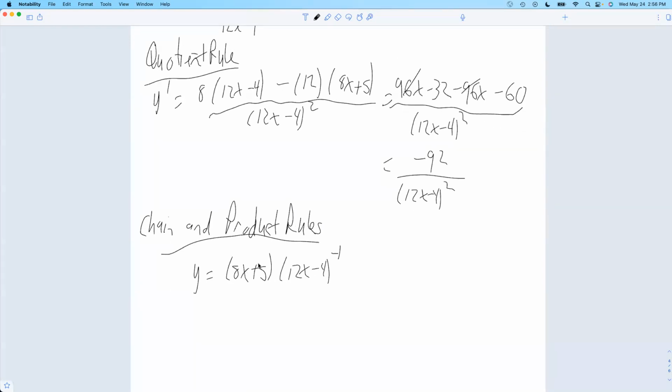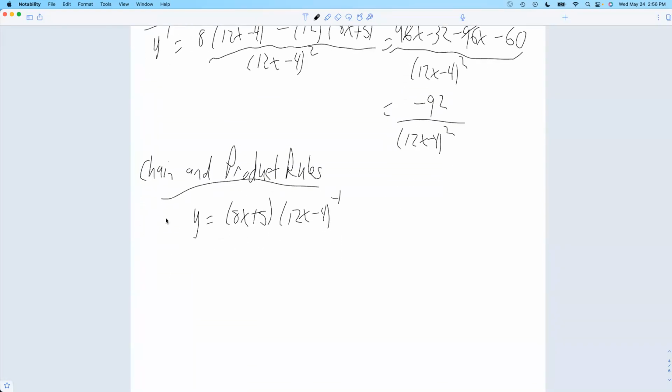And then I can use product rule. So now y prime will be the derivative of the first times the second. Leave it alone. Plus now, because we're doing product rule, the derivative of the second. Oh, now I got to use chain rule here.